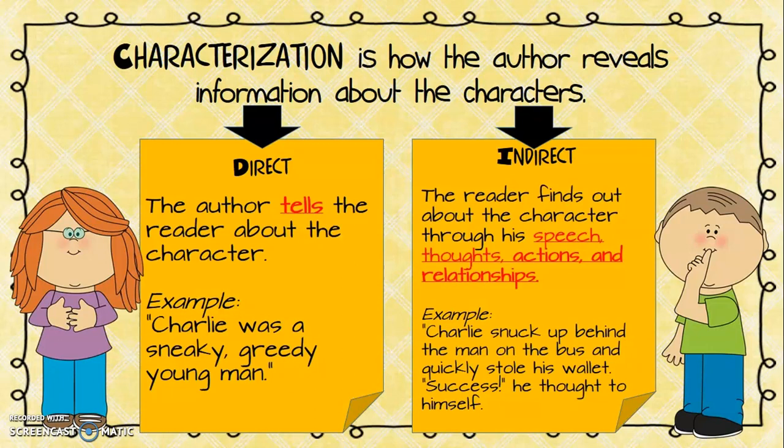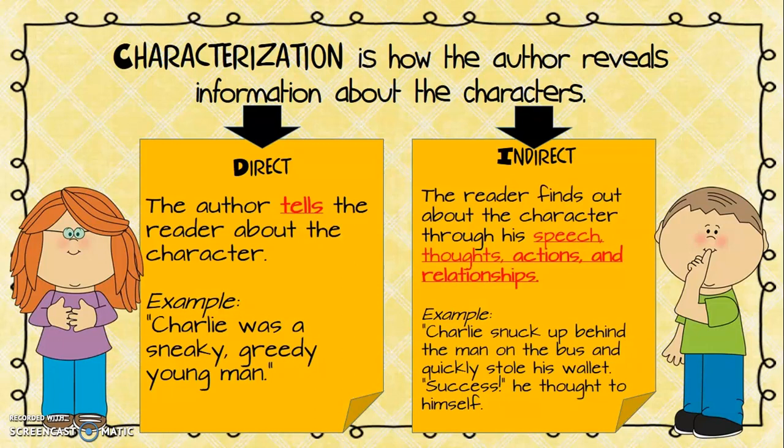There's also indirect characterization. This is where we, as the reader, find out about the character through their speech, so their dialogue, their thoughts, their actions, and very importantly, their relationships with other characters. For example, Charlie snuck up behind the man on the bus and quickly stole his wallet. "Success," he thought to himself.